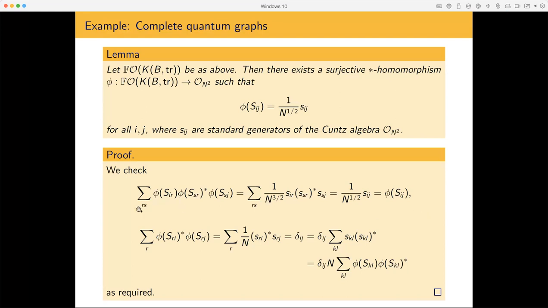Using the relations in the Cuntz algebra, we see that the phi of S_ij satisfy the matrix partial isometry relations, and also the Cuntz-Krieger relation is satisfied because of the relations in the Cuntz algebra.